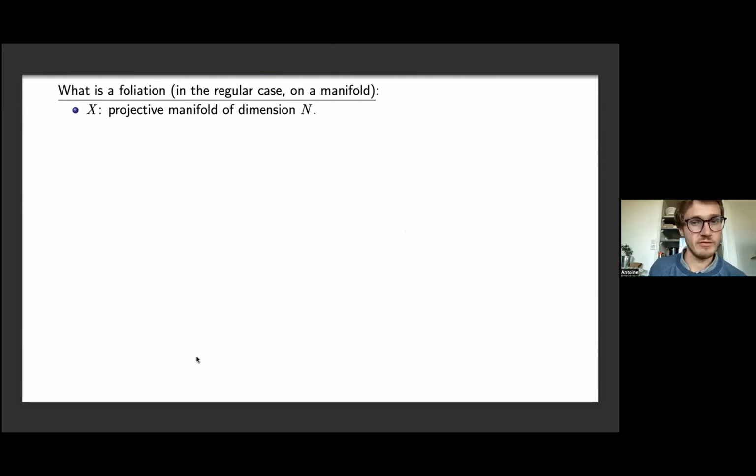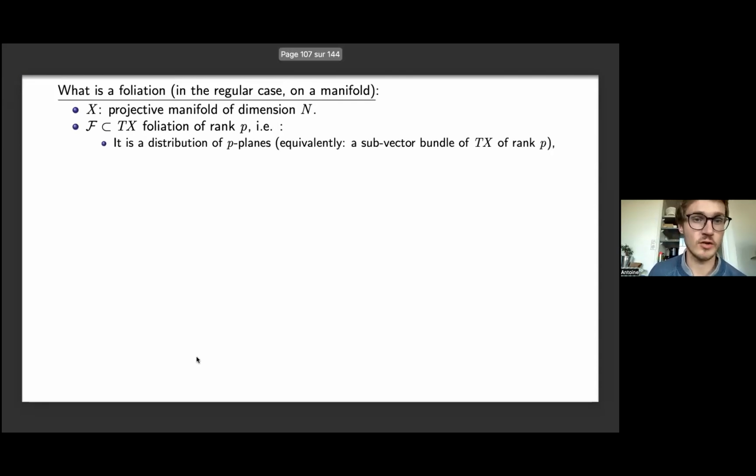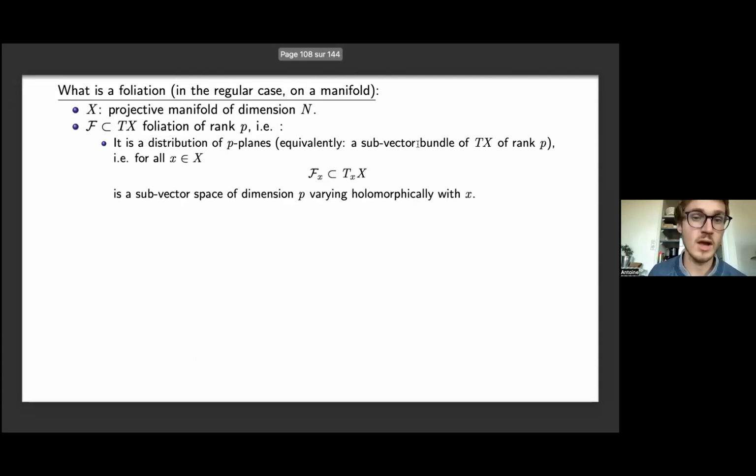We take X a projective manifold of dimension N, and a foliation of rank p is the data of a distribution of p-planes, equivalently a subvector bundle of T_X of rank p, which means that for every point in X, the fiber of the foliation at x is a subvector space of the tangent space of X, and you require that it varies holomorphically with x. So this is what a holomorphic distribution of p-planes is.